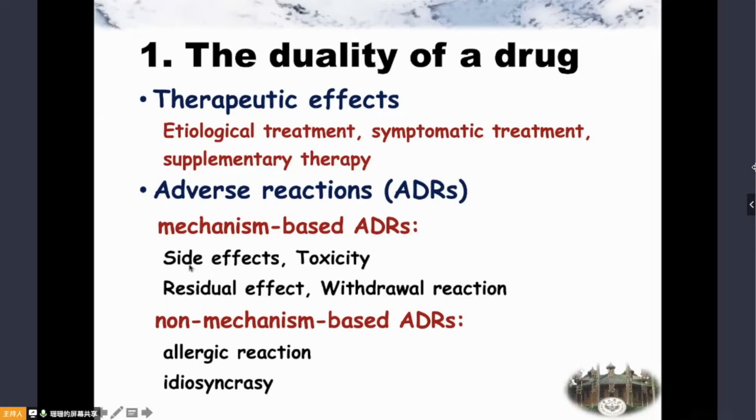For example, side effects, toxicity, residual effects, and withdrawal reaction. This adverse reaction can be predicted by the drug action. If you know the mechanism of the drug action, you can predict the mechanism-based adverse reactions.